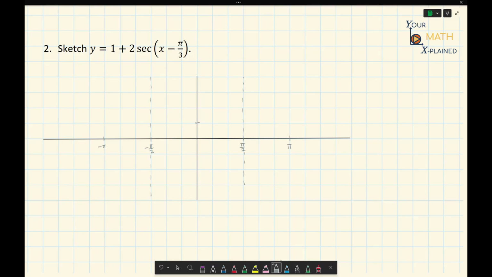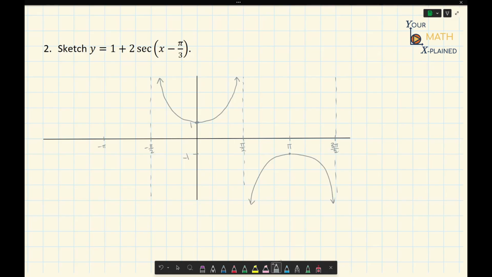And then the y value here is 1, so it'll start at 1, and then it's going to look like a bowl right over here. And then it's going to have another vertical asymptote at 3 pi over 2. And here, this is negative 1, and it's going to be a downward facing bowl right over here.